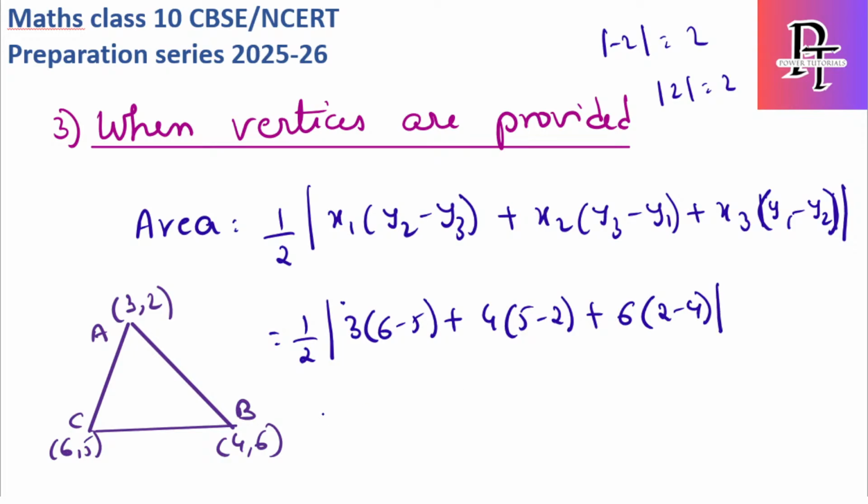Okay, so now this becomes half into 3 into 1 is 3, plus 4 into 3 is 12, minus 6 2s are 12.